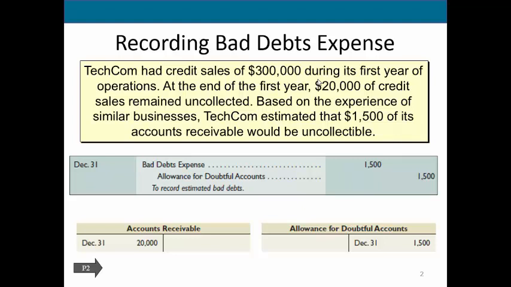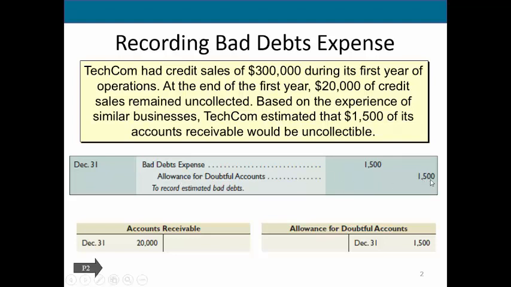Oftentimes, companies will make this journal entry at the end of every month, or at least at the end of every quarter, but just in this very simple example, we're doing it just at the end of the year. So to recognize this, we're going to show bad debt expense of $1,500, and then we show the allowance for doubtful accounts of $1,500.